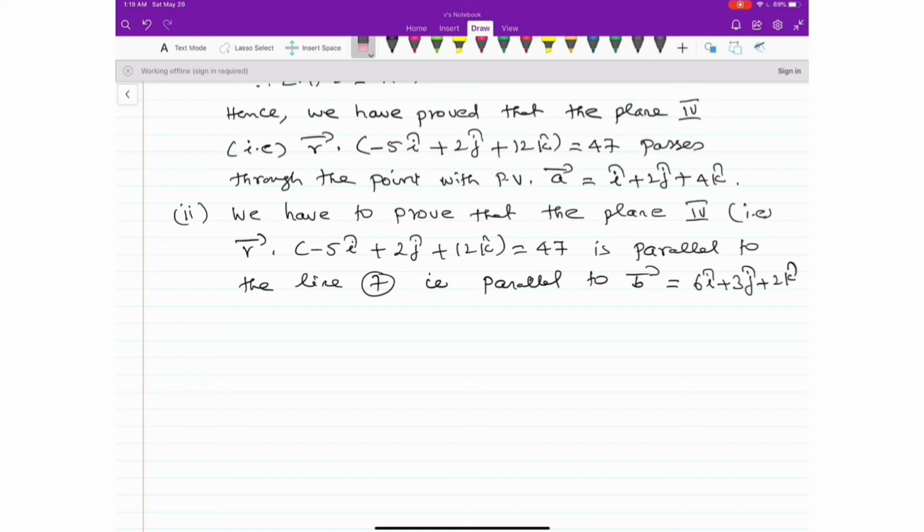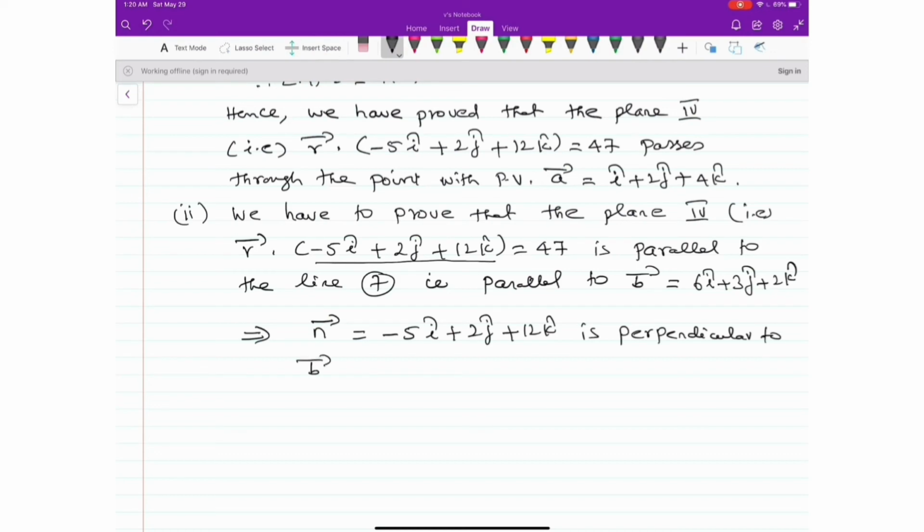Or in other words, the n vector is equal to -5 i cap + 2 j cap + 12 k cap. See here, this is your n vector. R vector dot n vector is equal to D. So (-5 i cap + 2 j cap + 12 k cap) is perpendicular to vector B, that is 6 i cap + 3 j cap + 2 k cap.